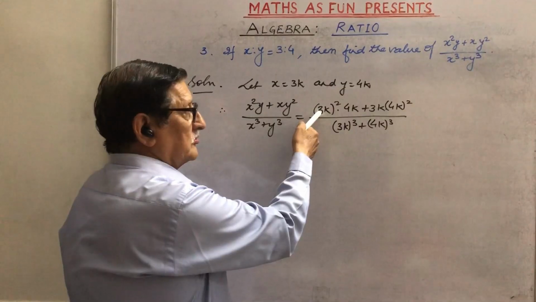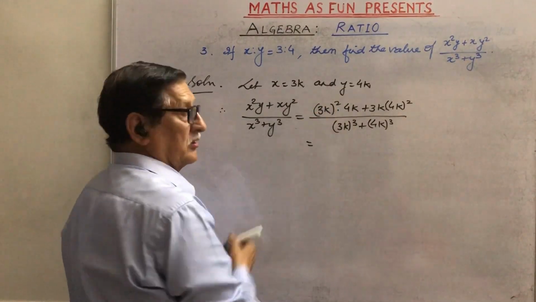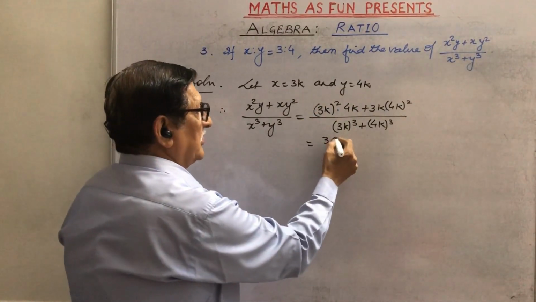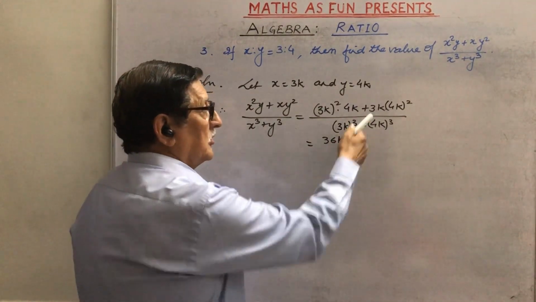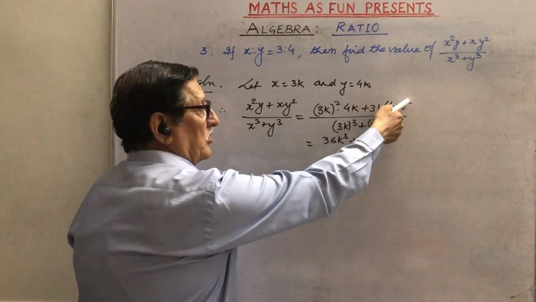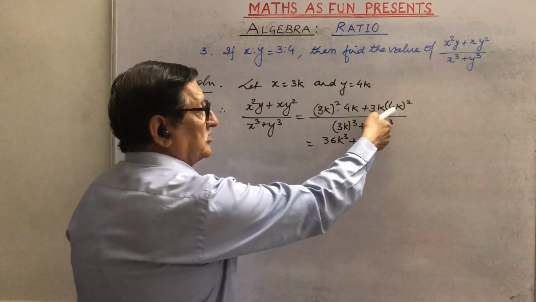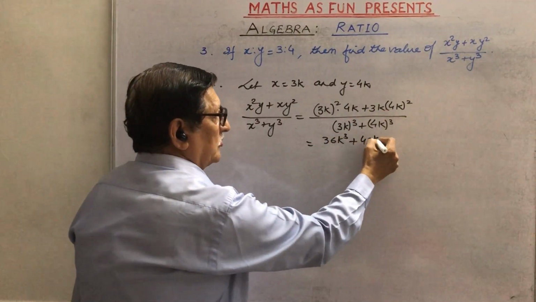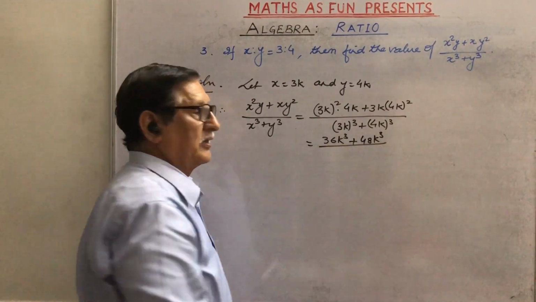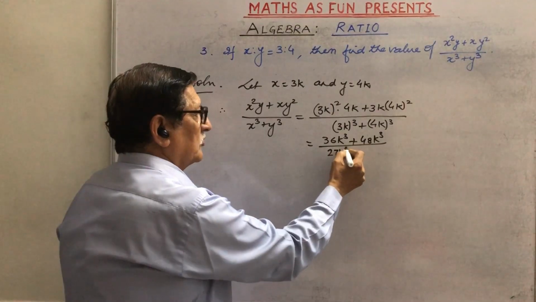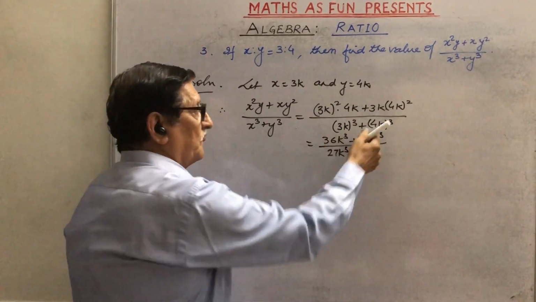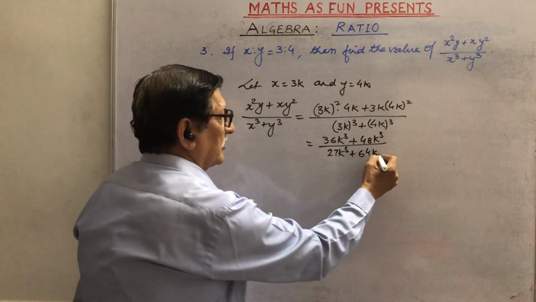This gives us 9k square into 4k, that is 36k cube, plus 3 into square of 4, which is 16, so 3 into 16 is 48k cube, divided by cube of 3k, that is 27k cube, and cube of 4k, that is 64k cube.